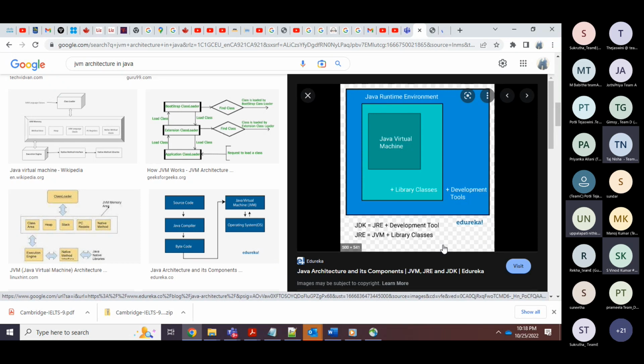Rather than that, you can buy and use it. Correct? Yes. The same thing: there are some tools already prepared by someone. They will give them to you and you will use them. Okay.